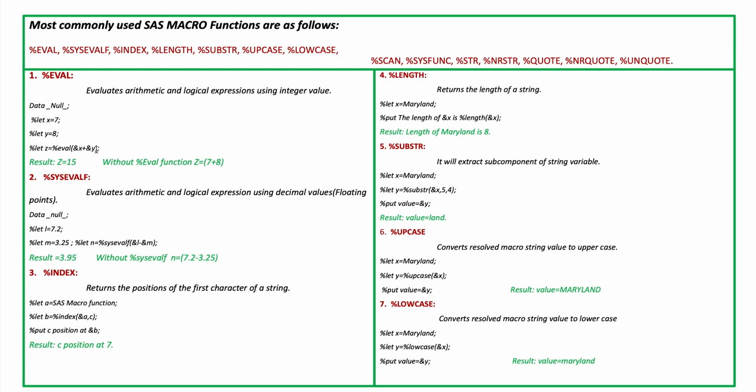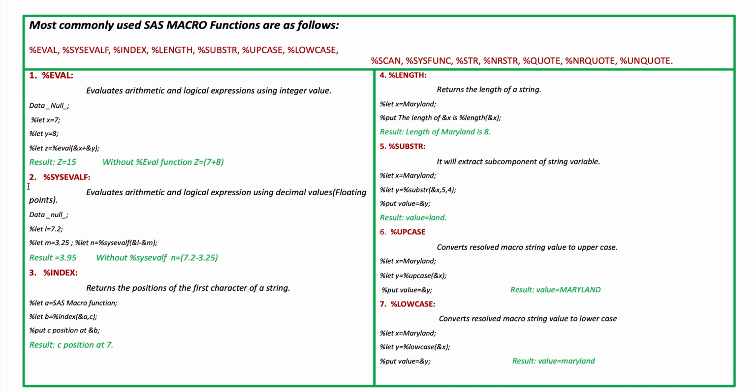With the %eval function, it evaluates the arithmetic expression, so 7 plus 8 becomes 15. But without the %eval function, the result is 7+8, because these values are string values.